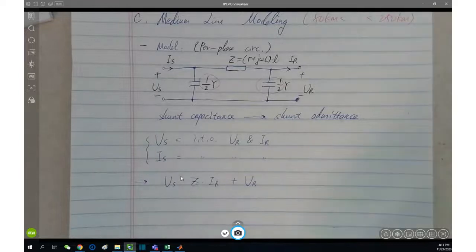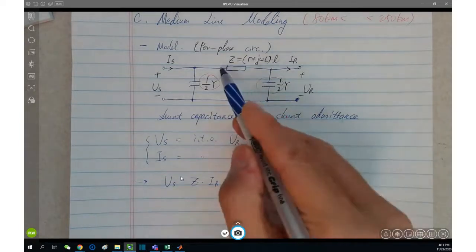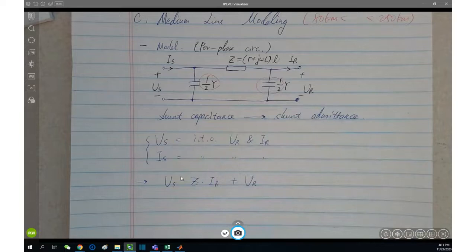It's absolutely untrue that Z times IR is correct, right, everybody? The current flowing through Z is absolutely not IR. You can't do that, and this is basic 235 knowledge.